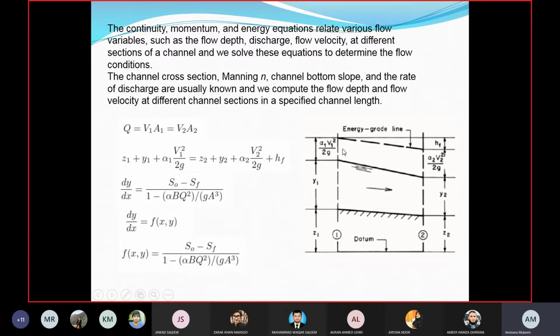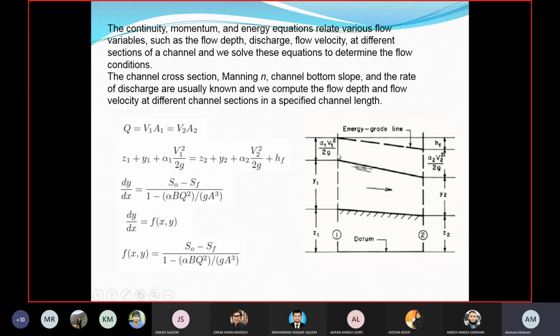According to the law of conservation of energy, energy is conserved. It means that the total energy at one section would be equal to the total energy at any other section in a flow field. Using that law for a real fluid, you can write the energy equation.